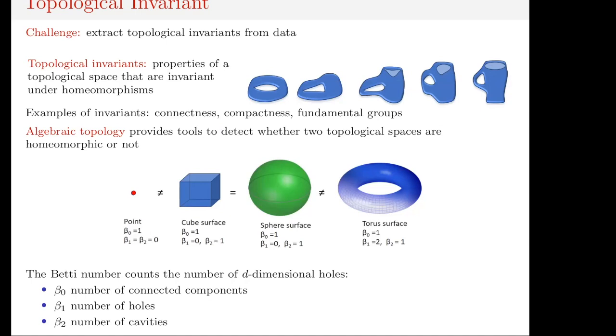Let us start from this slide. Well, the main concept is that we need topological invariance because we need to be able to distinguish topological spaces. We need to compare topological spaces so that if two topological spaces have the same invariants, these spaces are equivalent from a topological point of view.